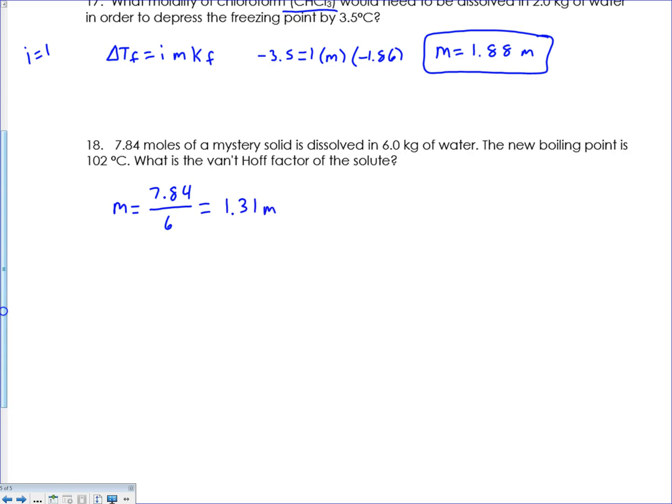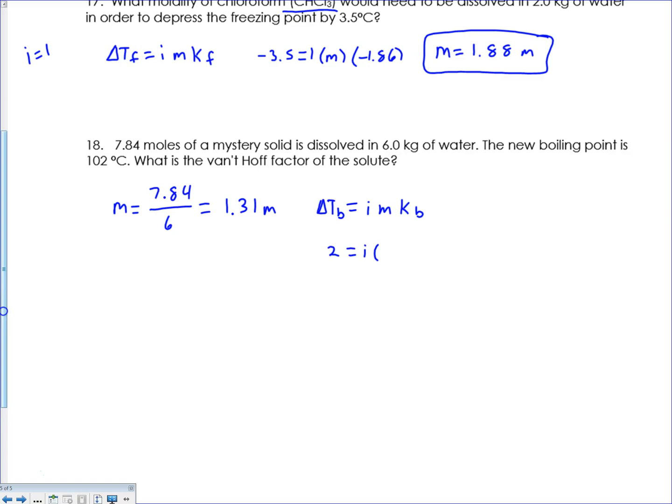All right, and then you know change in boiling temperature equals i times m times Kb. In this case, as I said, we're looking for i. It says the water is boiling at 102, so that means that change was 2. i is what we're trying to find.